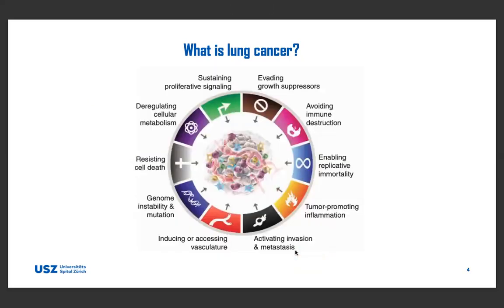What are the causes? How does the cancer cell look like? Which changes, abnormalities do we see? This is a quick overview which should just tell you that there are many processes going on within development of cancer, but also after cancer is present in regards to metastatic spread.